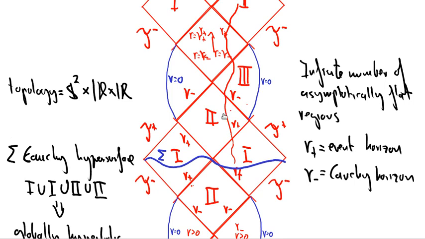Okay, so this concludes our discussion of the case of the Reissner Nordström solution in which we have two different roots. And now let us discuss the case in which one has just one root.